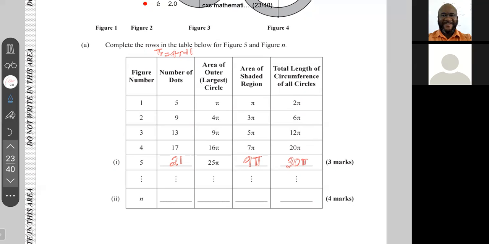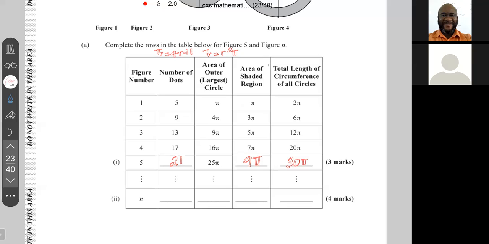The next one is the area of the outer circle. This is 3 pi, then what? This looks like the square of the counting numbers, so T_r is equal to r squared pi. So you have 1 squared, 2 squared, 3 squared, 4 squared.